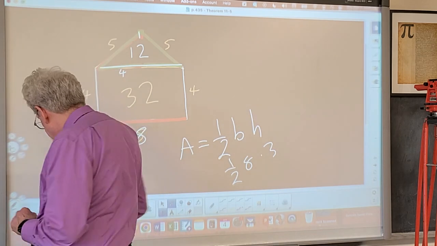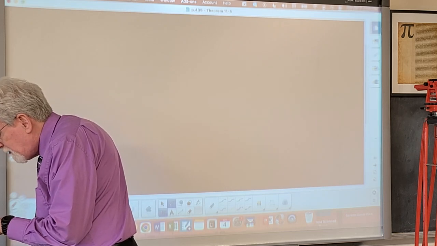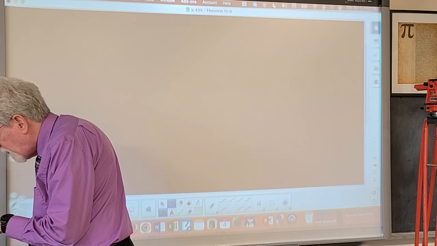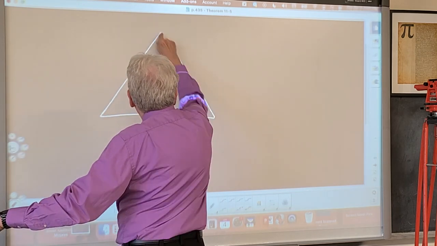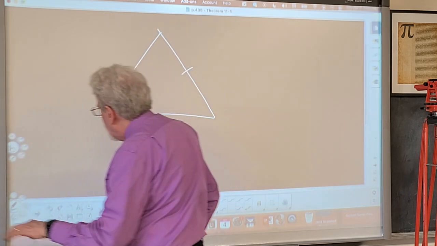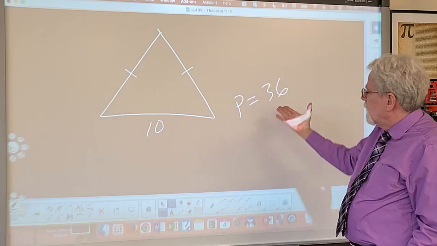Number 10. Yet another example here. We've got an isosceles triangle with a base of 10 and perimeter of 36. Well, that's interesting. An isosceles triangle with a base of 10 and a perimeter of 36. Well, what is perimeter?